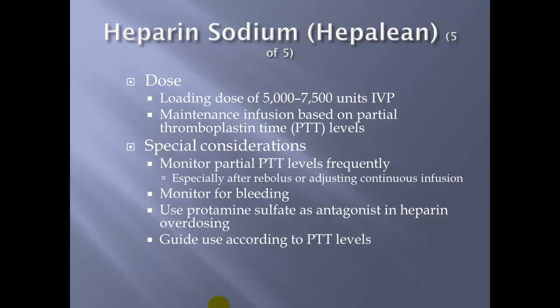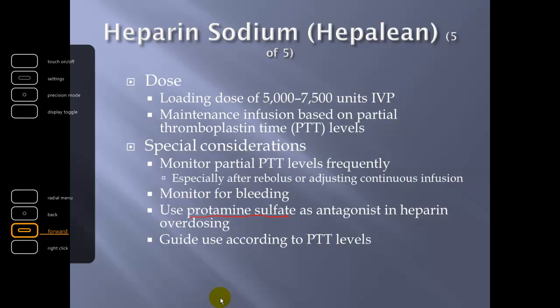Monitor for bleeding. Use protamine sulfate. This is going to be the antidote if we get too much heparin on board, as an antagonist in heparin overdosing. Guide use according to PTT levels. So we're going to base our entire adjustments of how much medication this person gets off of a coagulation study or a PTT level.